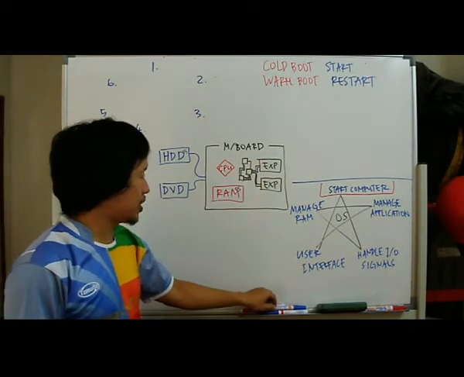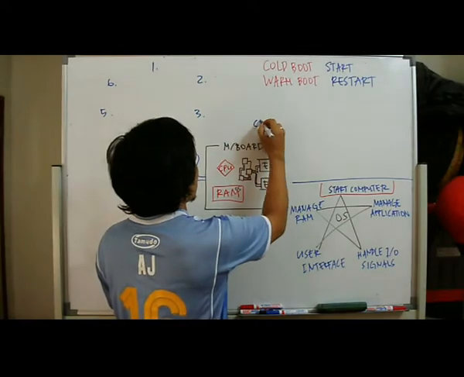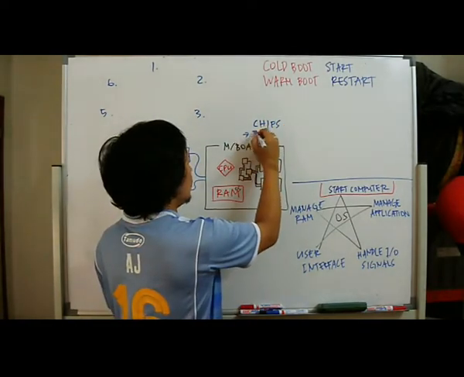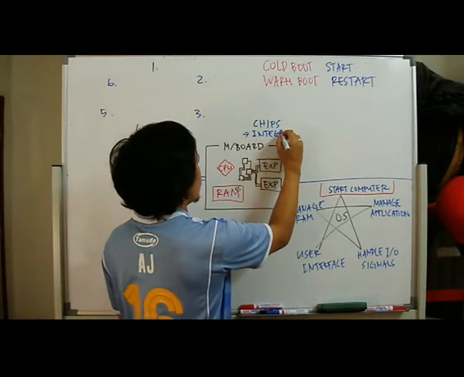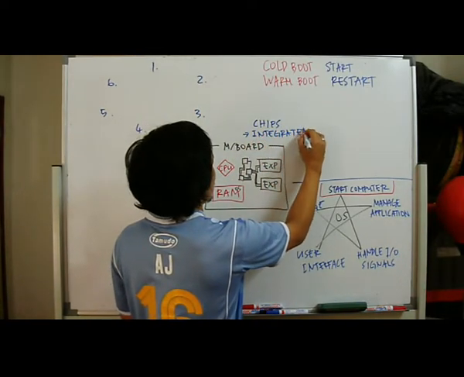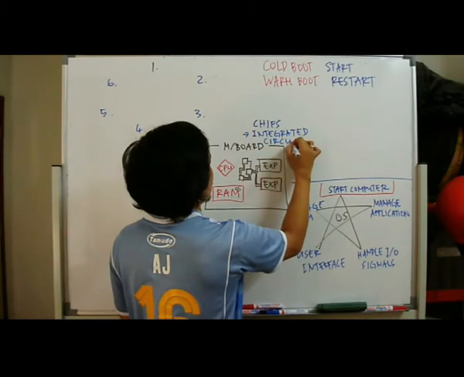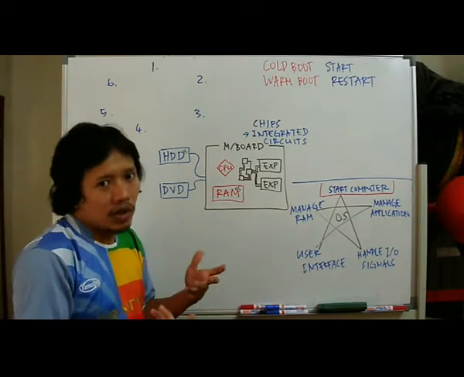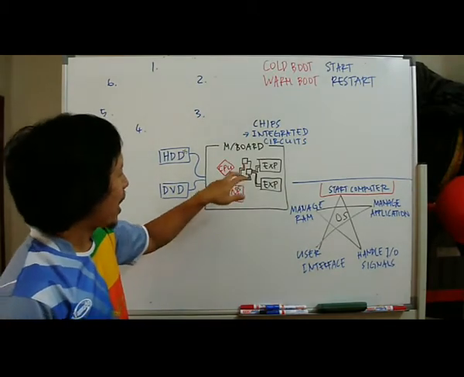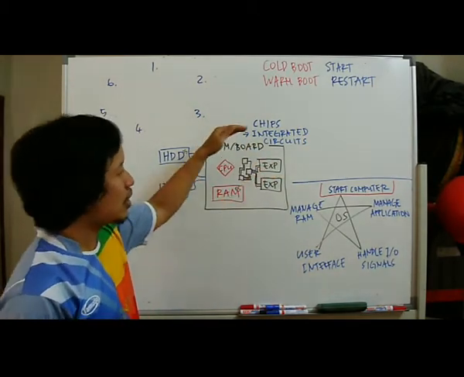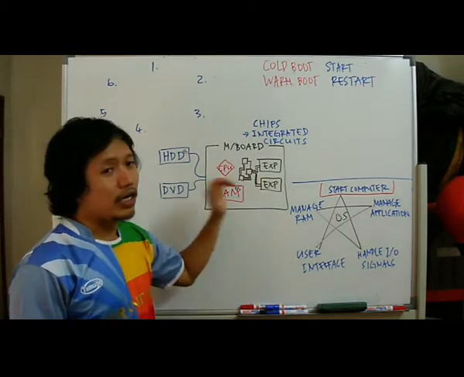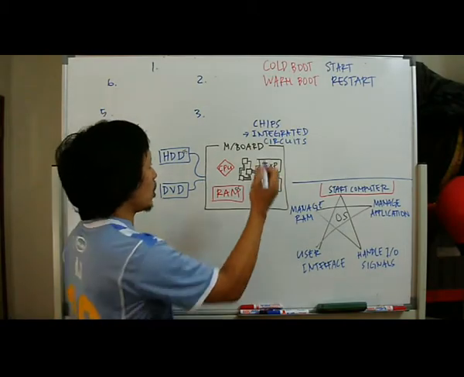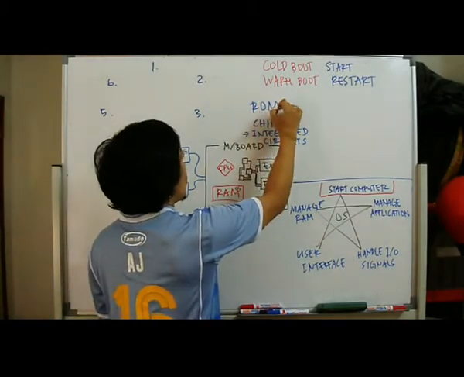have lots of chips. These are actually integrated circuits. So integrated circuits are well integrated on your motherboard, right? And these integrated circuits or chips have different functions. One of the chips that will be on your main board is called the ROM chip, read-only memory chip.